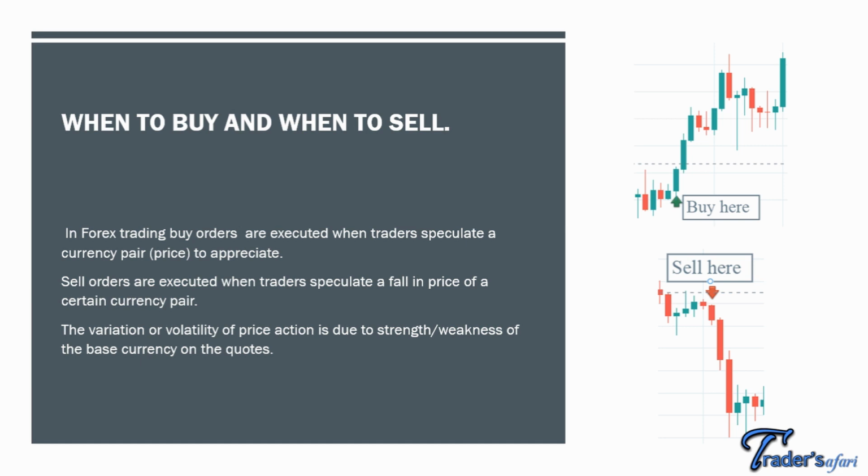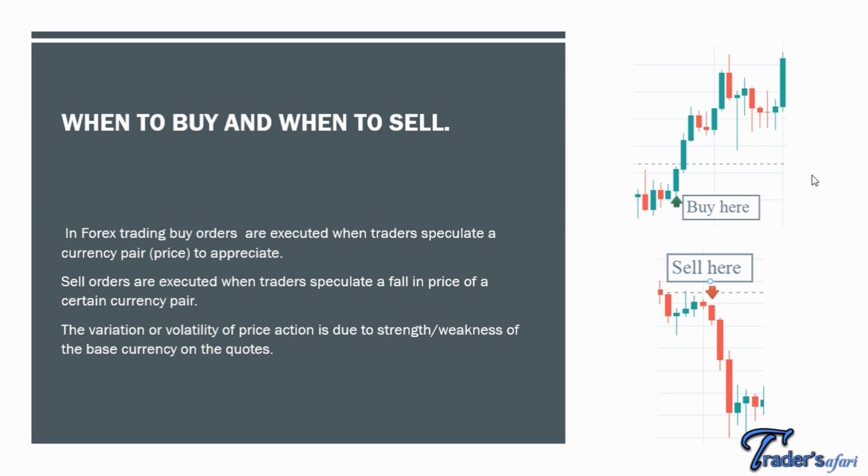That's what you do. And when you speculate the currency price to fall or to go to lower lows, what you do is you sell, and you place your take profit down below your entry point. So sell orders are executed when traders speculate a fall in price of a certain currency pair.